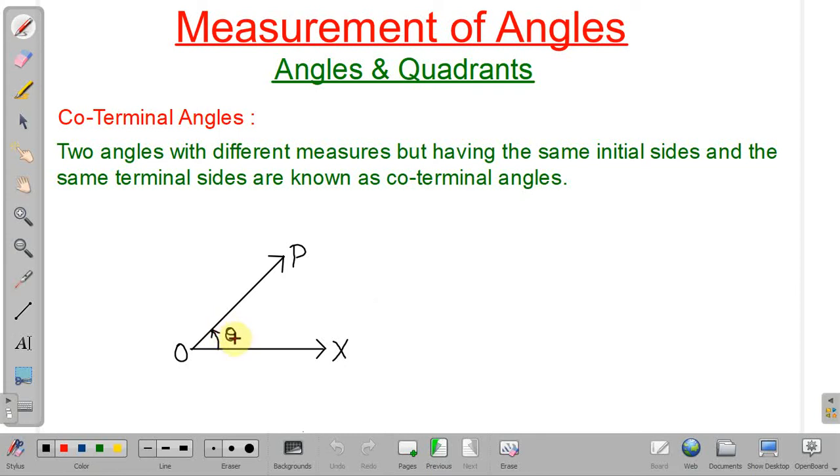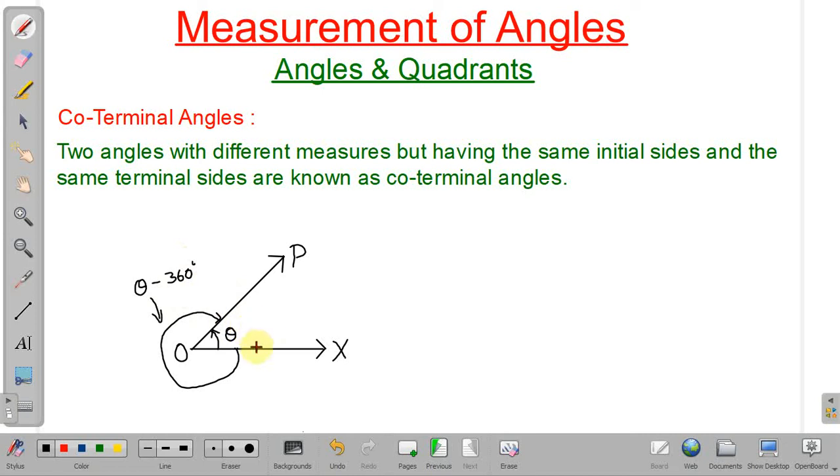If we move from OX like this, it is 360 degrees minus theta, or in the negative sense it is theta minus 360, because we are moving 360 degrees in the clockwise direction. So theta minus 360 degrees is also a co-terminal angle of theta.